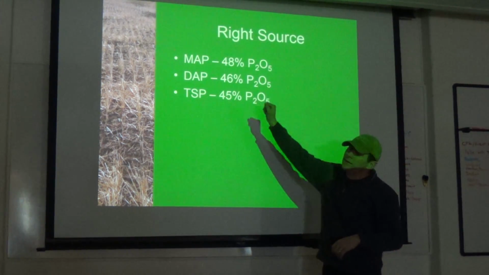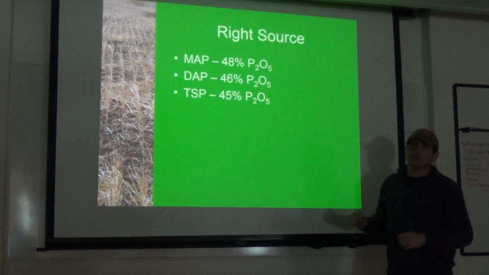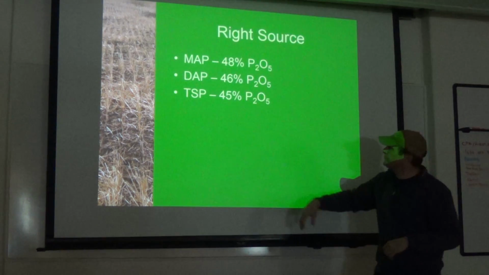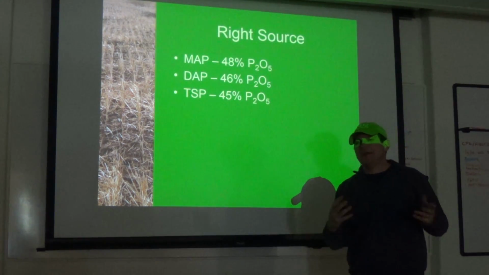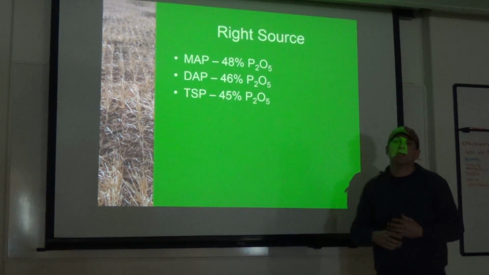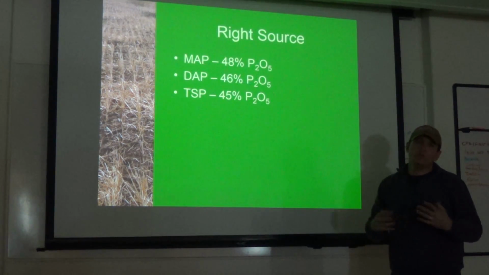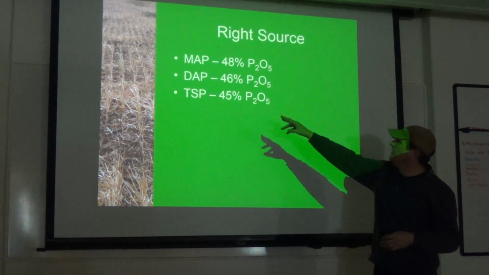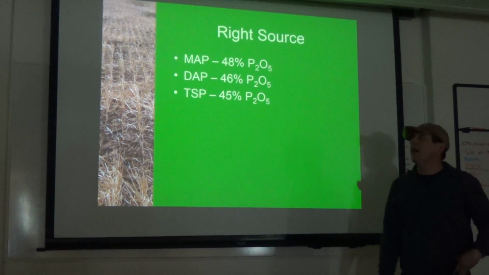So we get about 11% nitrogen along with the phosphorus. DAP is diammonium phosphate. That has 18% nitrogen, 46% phosphorus, and 0 potassium. DAP is used quite frequently because you get 18% nitrogen along with a high phosphorus amount.